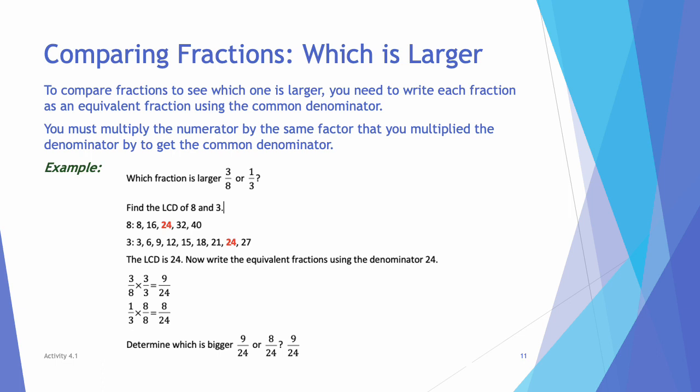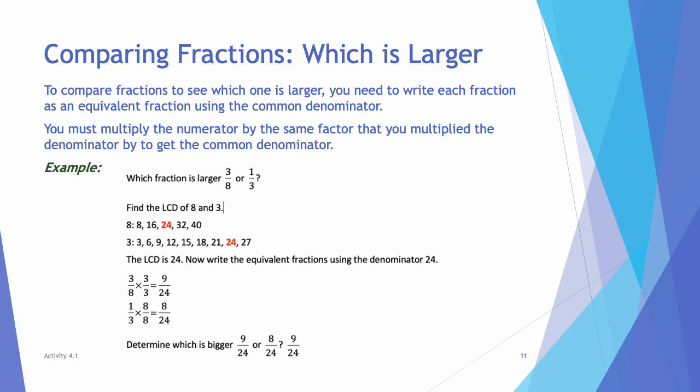We start by writing out the multiples of each denominator. The multiples of 8 are 8, 16, 24, 32, 40. The multiples of 3 are 3, 6, 9, 12, 15, 18, 21, 24, 27. We see that they both have 24 in common, so the lowest common denominator is 24.